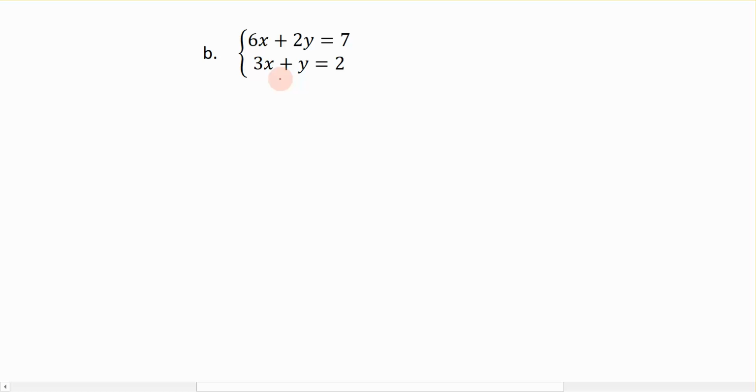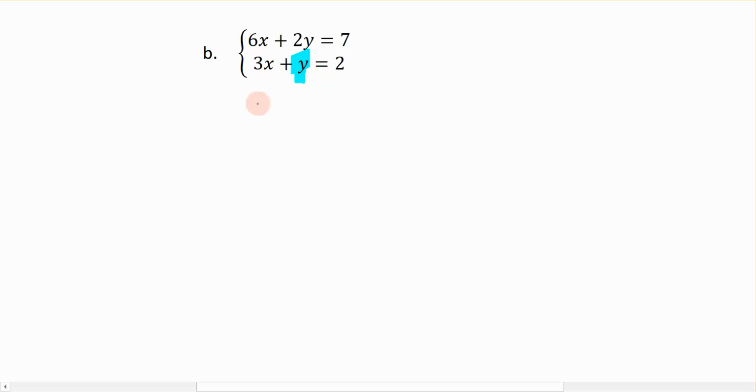You can see that this y has a coefficient of 1. There's a 1 sitting next to it. So it's going to be the easiest one for me to solve for without introducing fractions, because I know we all love fractions.